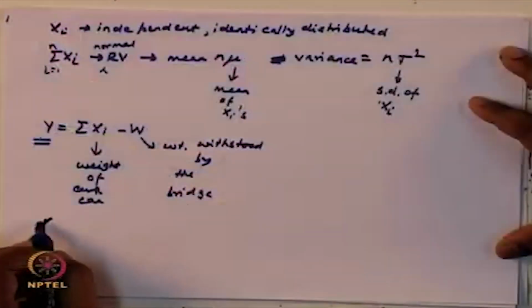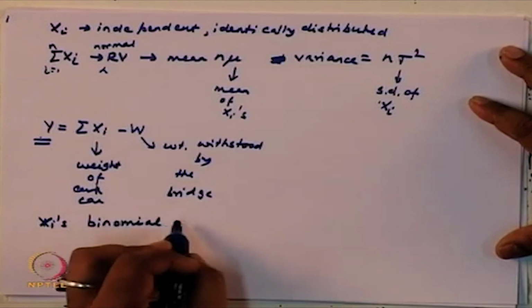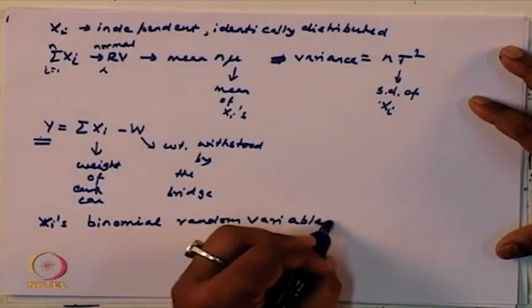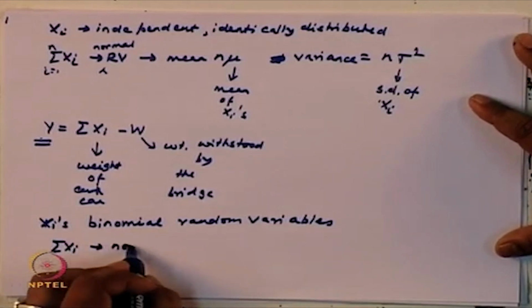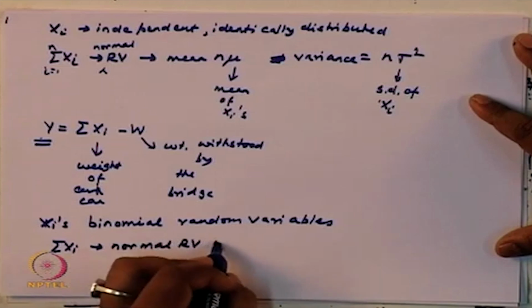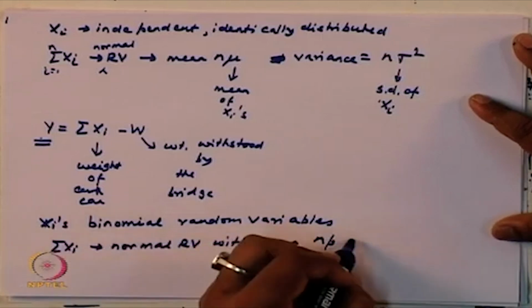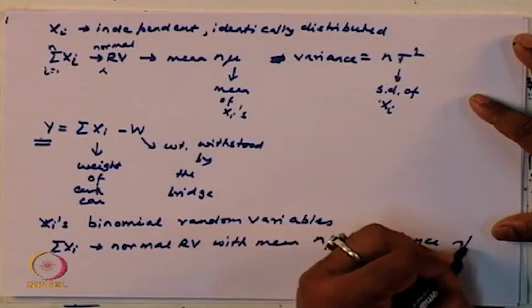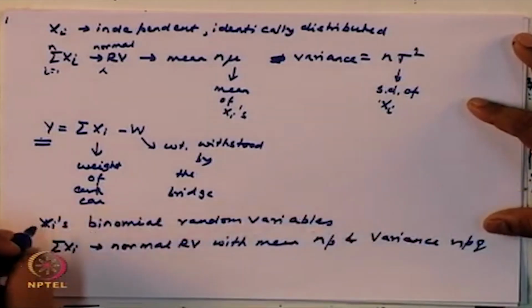So, one thing we had discussed in last class was, if xi's were binomial random variables, then summation xi is a normal random variable with mean n times p and variance n p q, where p is the probability of success for ith trial.